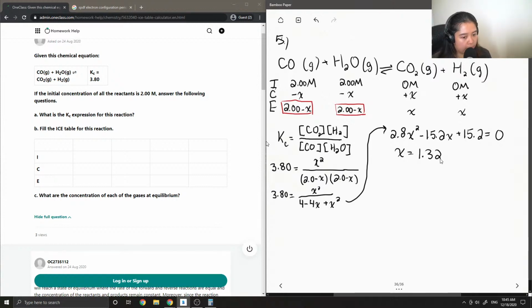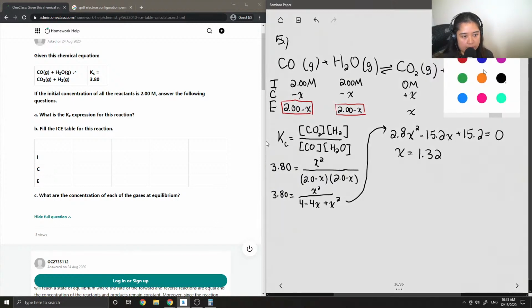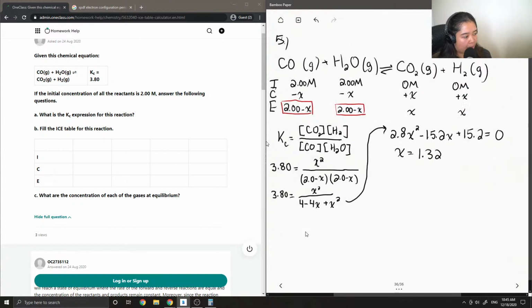Okay, so now that we know what our x value is, we can now write down the concentration of each of the gases at equilibrium. So part C, at equilibrium, the concentration of carbon monoxide is equal to the concentration of H2O, which is equal to 2.00 minus 1.32.